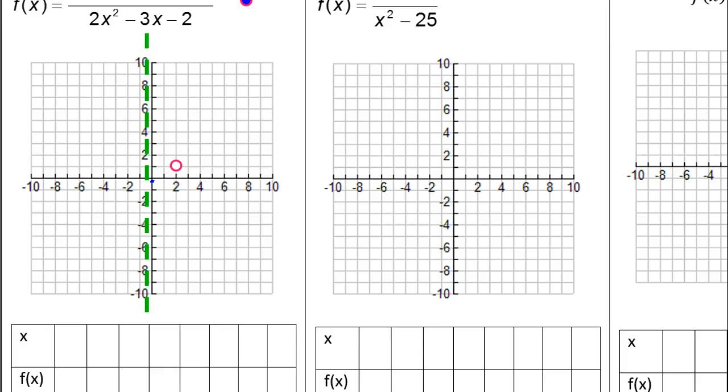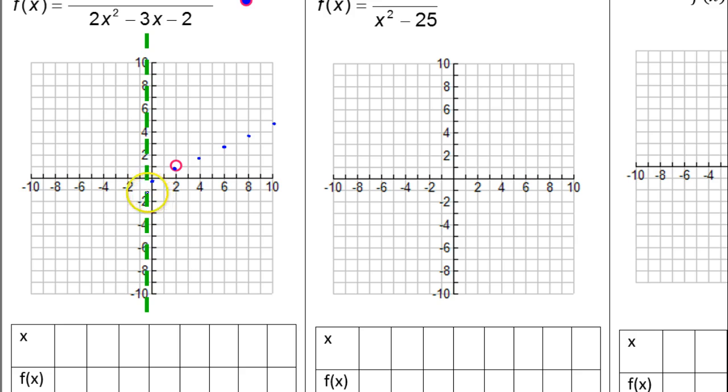So from here, let me make this a little bit bigger. If I go up 1 over 2 over and over again, this is showing me where the slant asymptote is going to be.